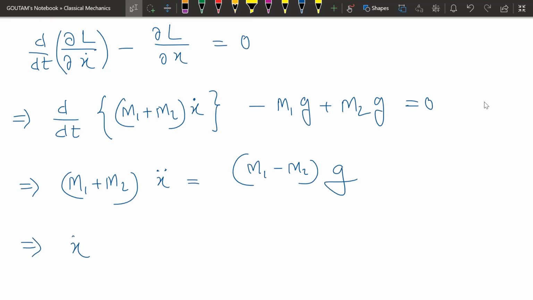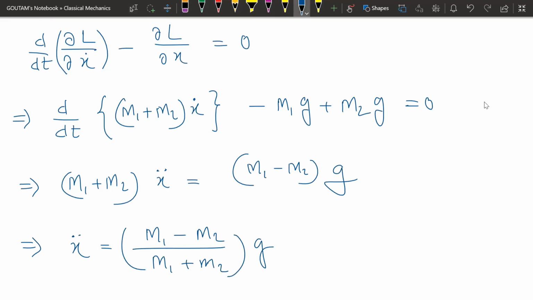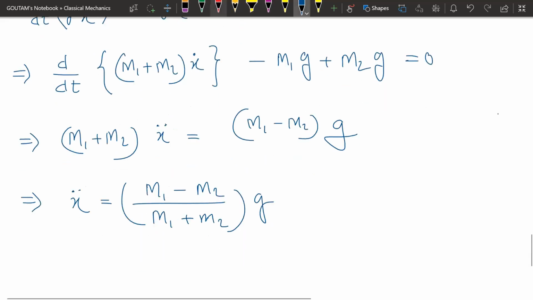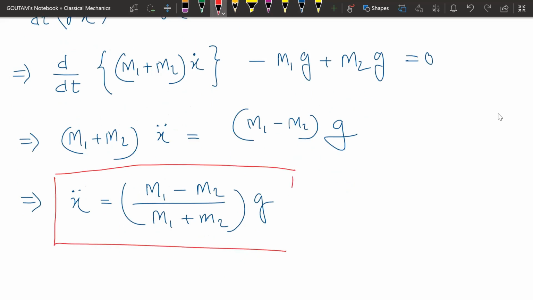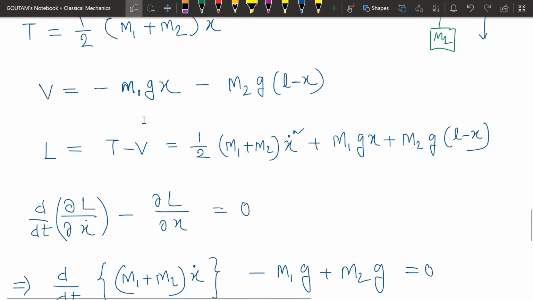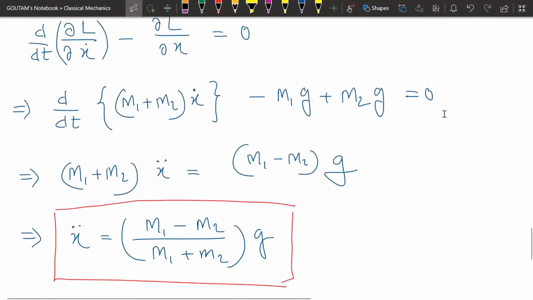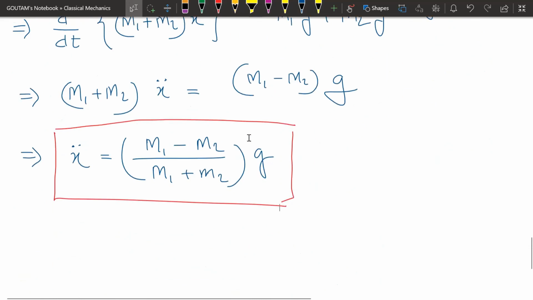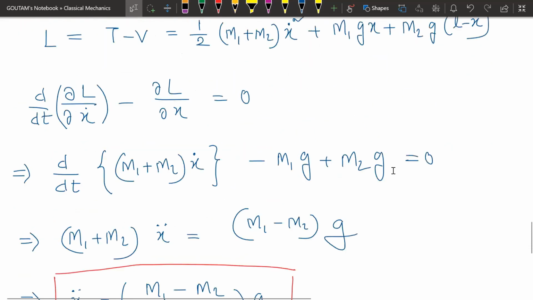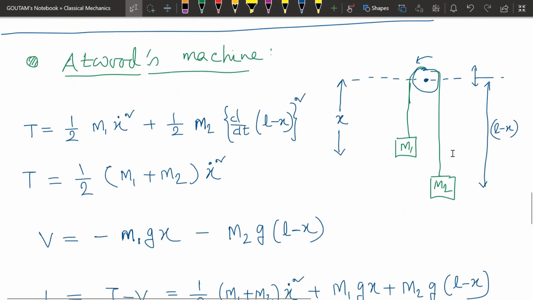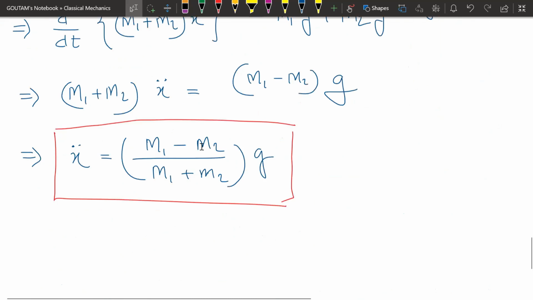In that case, x double dot will be (m1 minus m2) divided by (m1 plus m2) times g. This is the equation of motion of the particle. So we got it from this Lagrangian equation. You can check whether this equation is consistent or not. If we take these two masses the same, there will be no acceleration.